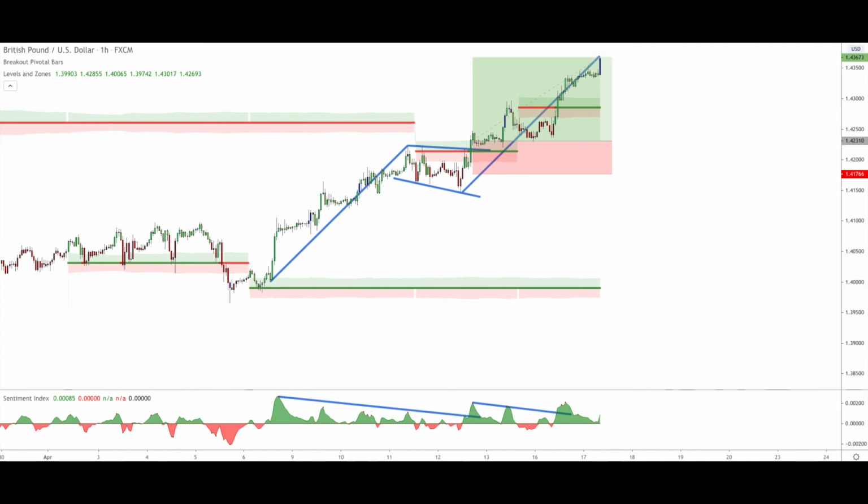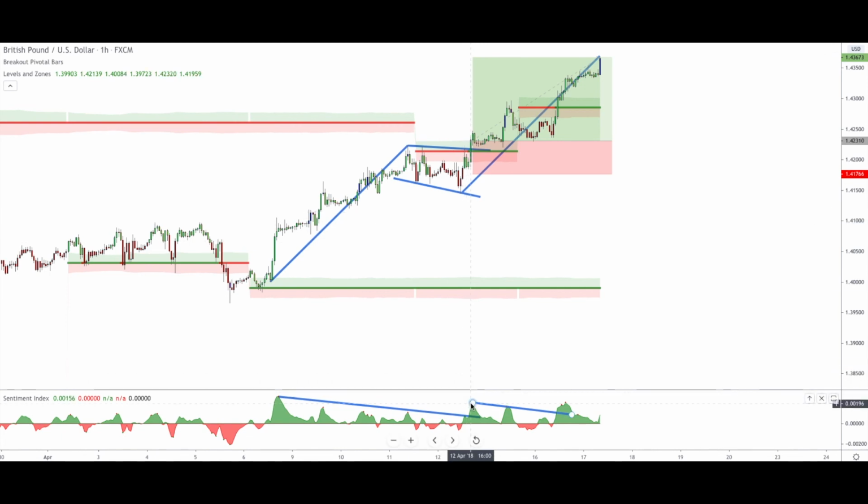It was pretty, I wouldn't call it simple trade, but it was pretty obvious because we had an impulse here, a very nice consolidation just below this resistance line. This resistance line turned into a support at the same time that we had the breakup.